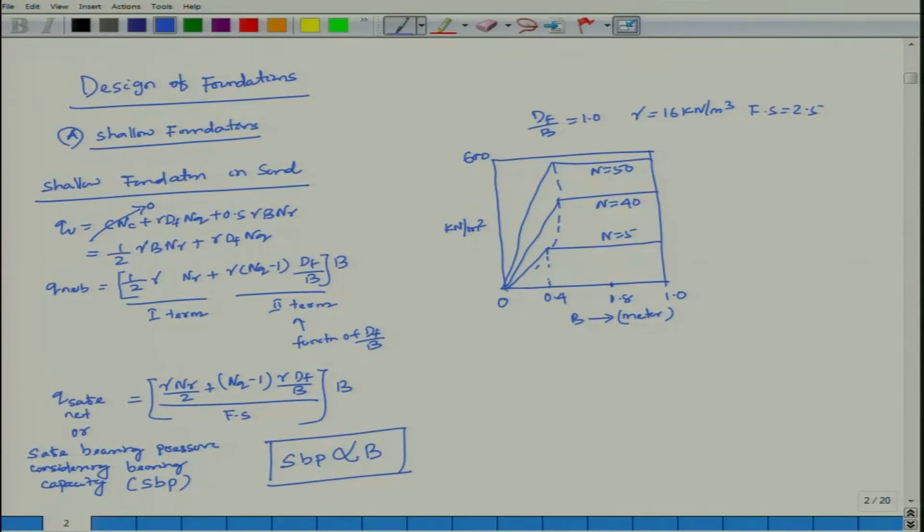Now, this is case 1, considering only safe bearing pressure, that is, bearing capacity.